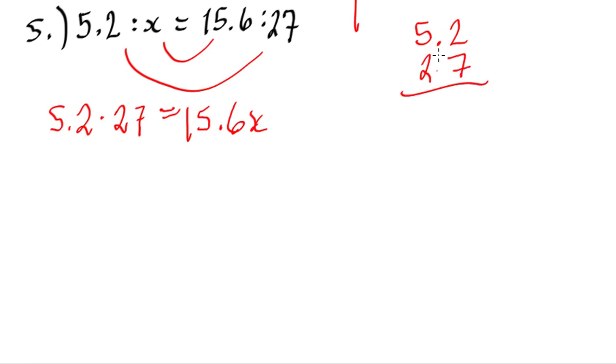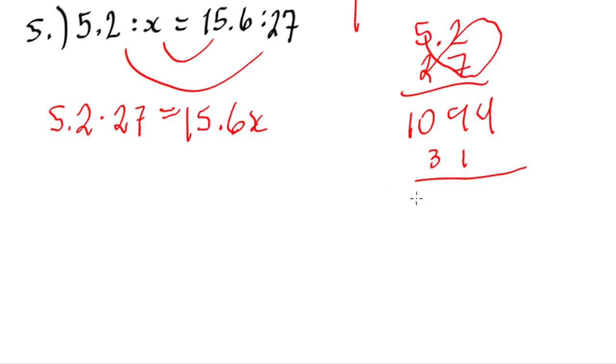Let's have it as 5 times 2 is 10. 5 times 7 is 35 plus 4. 35 plus 4 is 39. This is making use of Vedic mathematics. So if you want to learn more about Vedic mathematics, kindly see my playlist on Vedic mathematics. And 7 times 2 is 14.